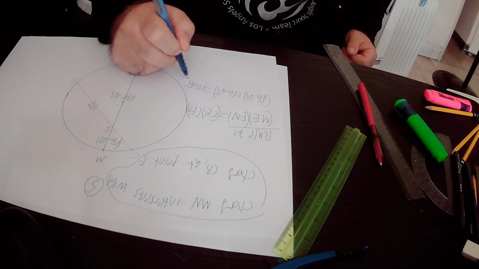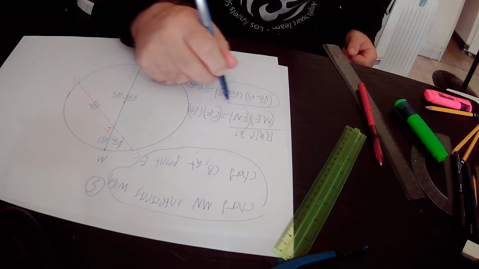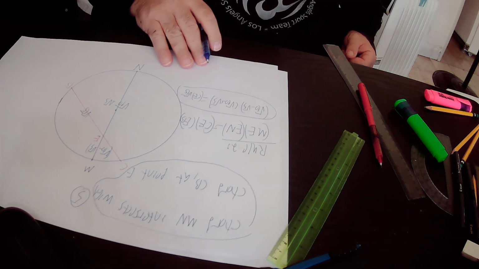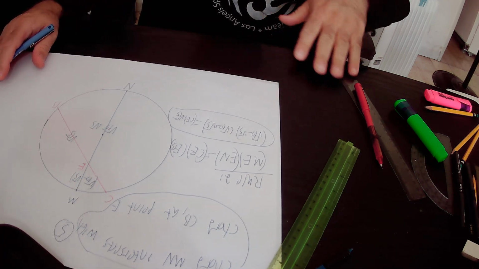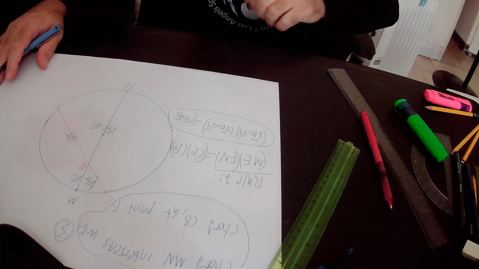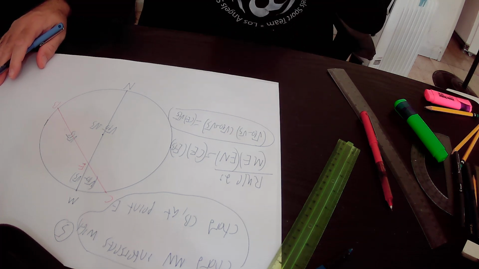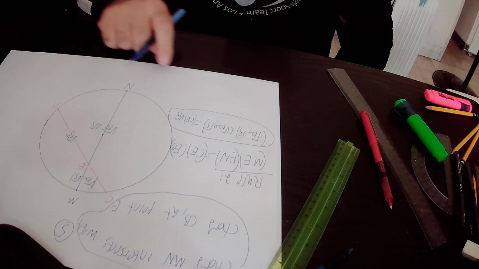So we found out that according to rule number 2, square root of 10 minus square root of 5 times square root of 10 plus square root of 5 equals CE times square root of 15.